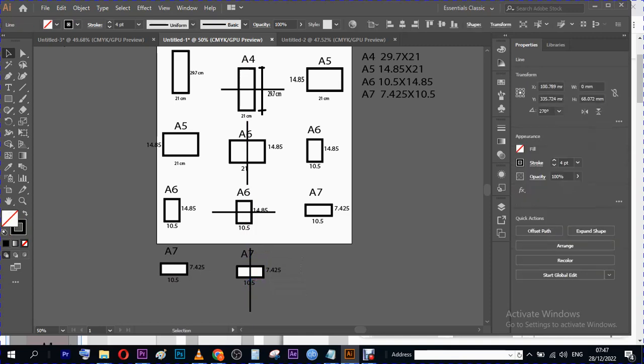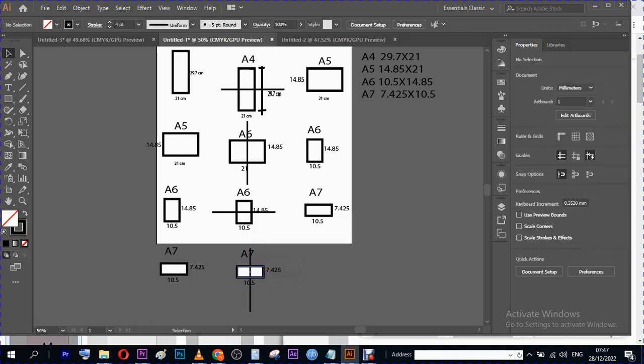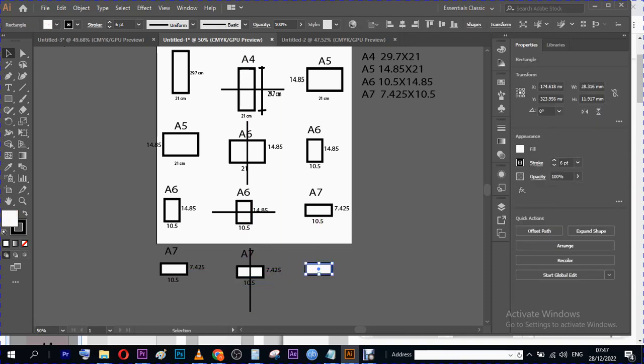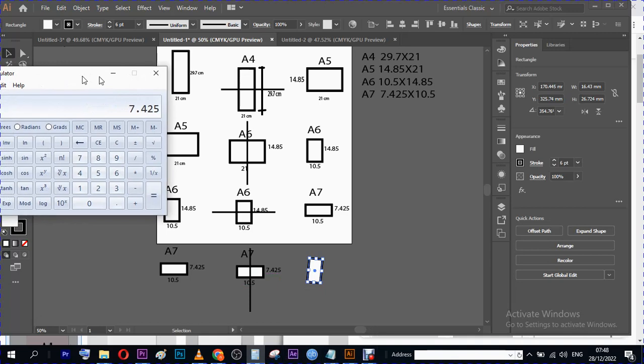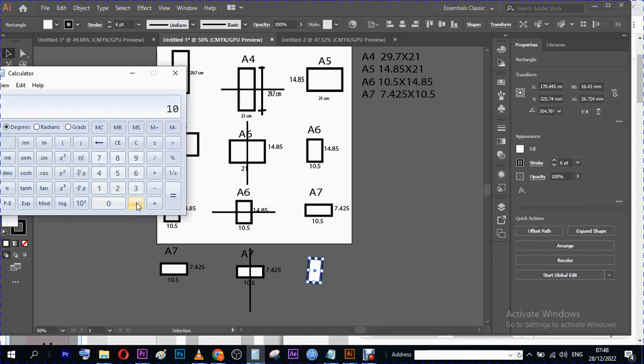This creates something in portrait format, because we are dividing the 10.5. If we divide 10.5 by 2, it gives us 5.25.